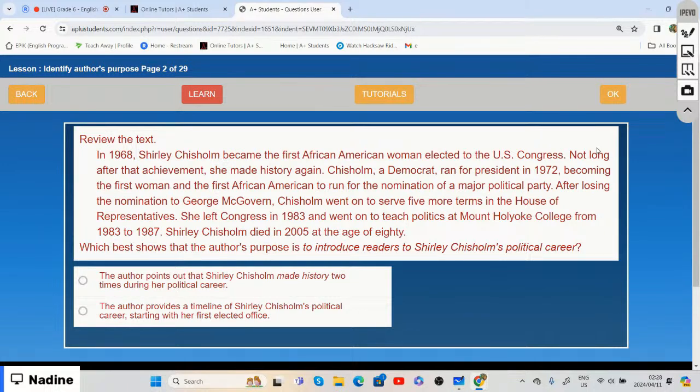All right, so now we need to say which best shows the author's purpose, that is to introduce readers to Shirley's political career. So in this case, is the author pointing out that Shirley made history 2 times during her political career?